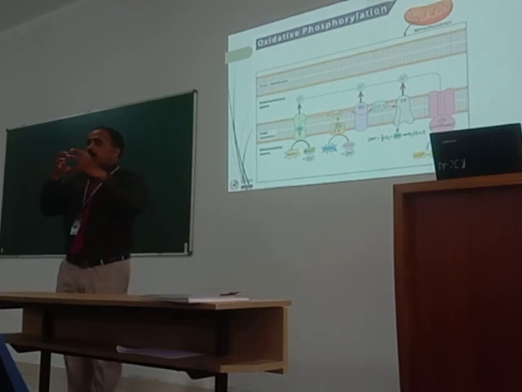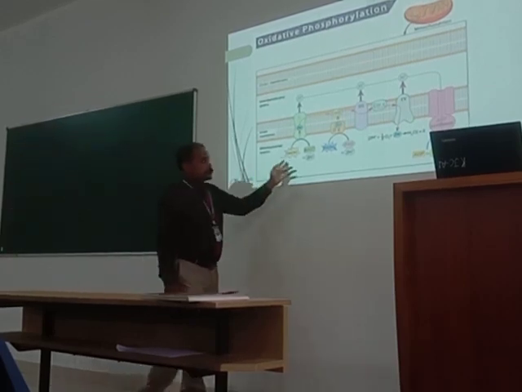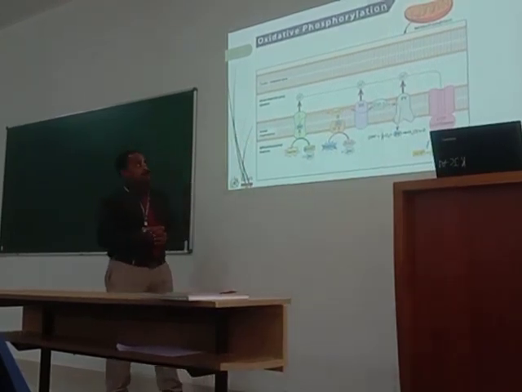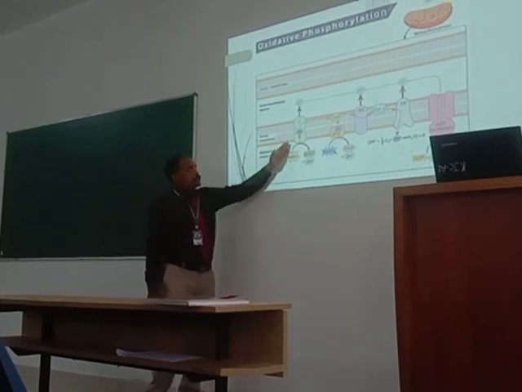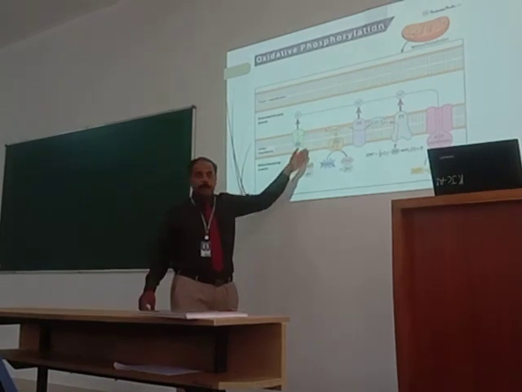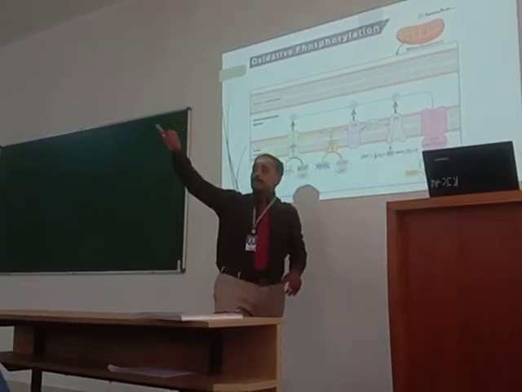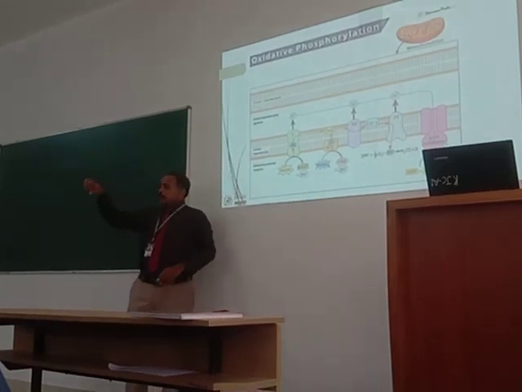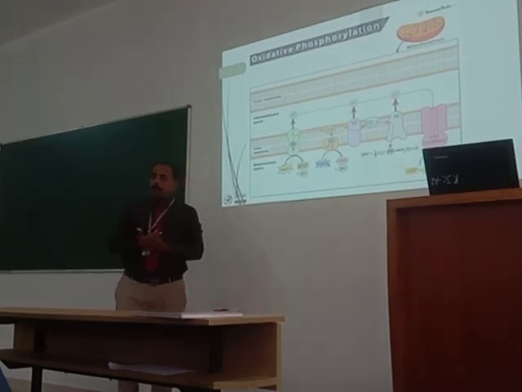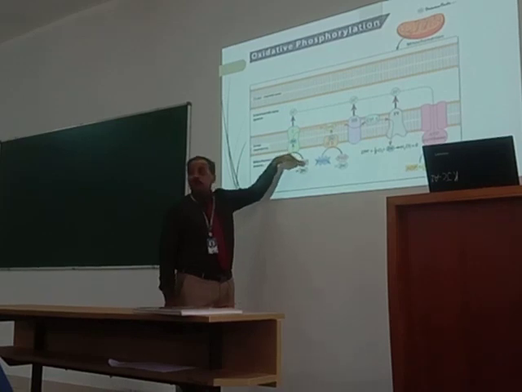During the flow of electrons, simultaneously the phosphorylation also takes place. How this phosphorylation takes place is the mechanism of oxidative phosphorylation. Complex 1, complex 3 and complex 4, not complex 2, are the three specific sites where ATP is formed. How is ATP formed? During the electron transfer, it is coupled with proton transfer.